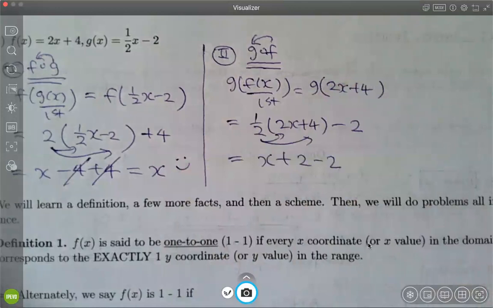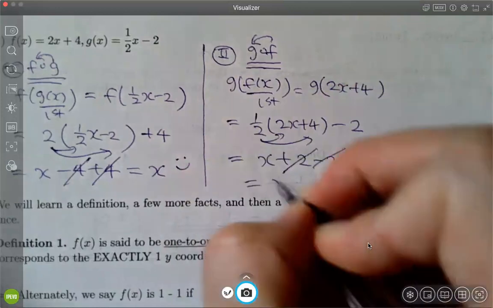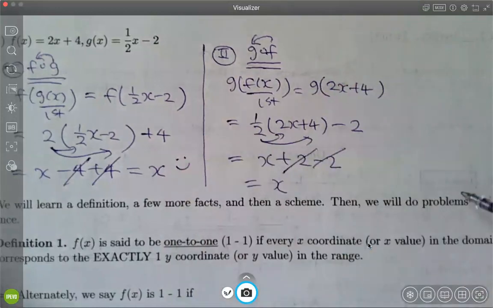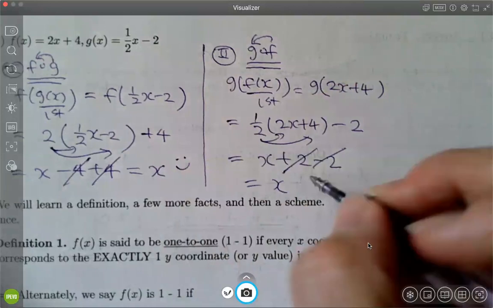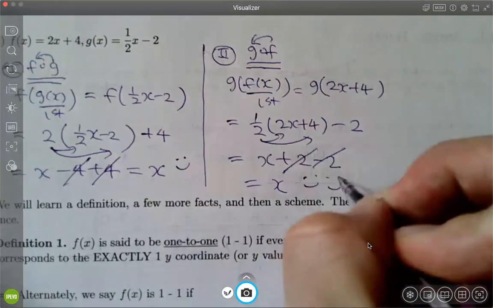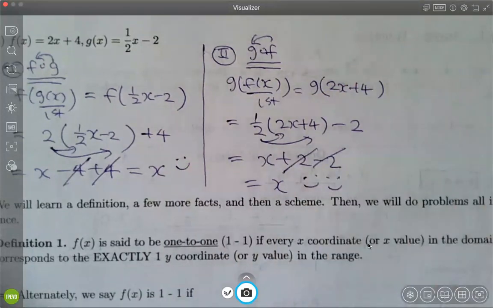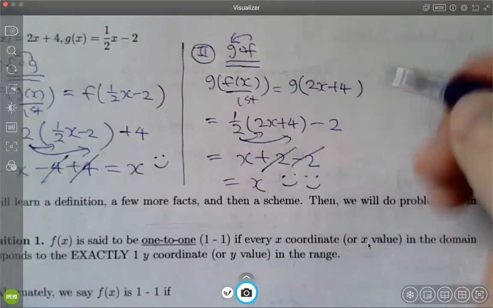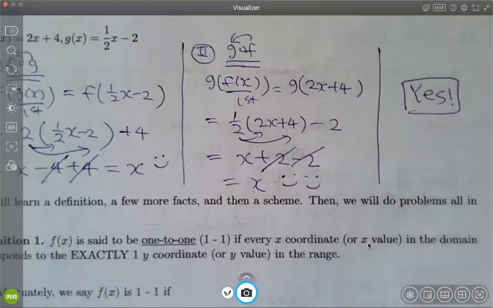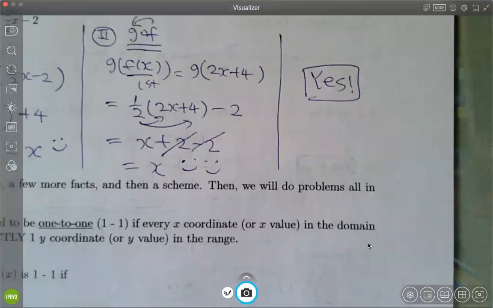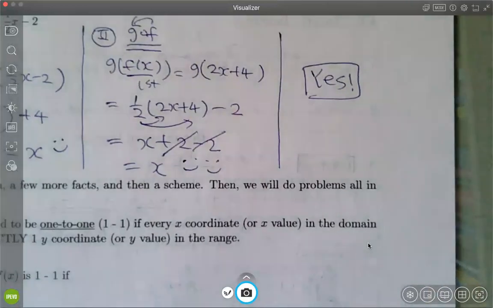These two cancel, so it's equal to x. Is this a good sign? Oh yes. That kind of looks like a creepy face, but whatever. So what's the answer? Yes, they are inverses, because we got x at the end for both f circle g and g circle f.